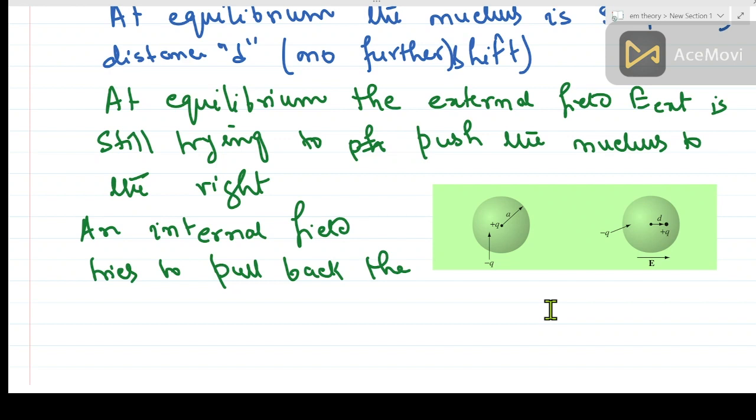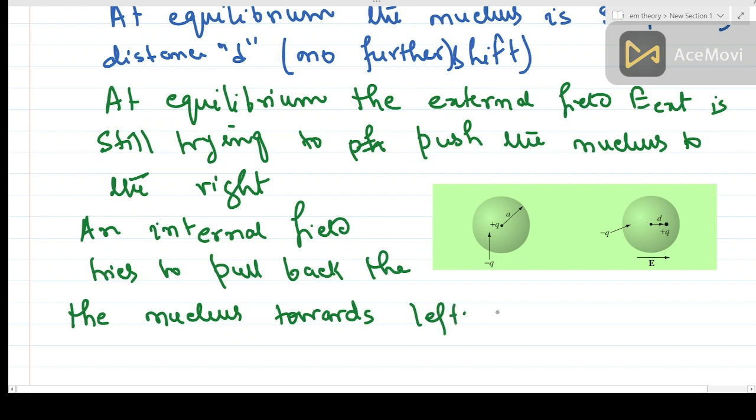Where is the internal field coming from, trying to pull back the nucleus towards left, because it is trying to create the initial situation that was in the neutral state? Now the question is, what is this field?